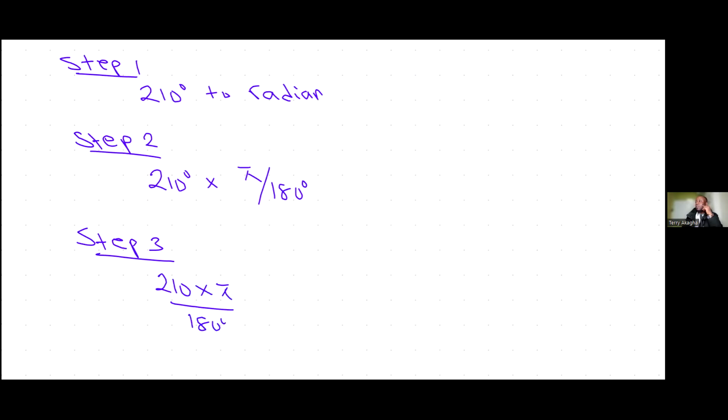It's the same thing as saying when you press your calculator, it's going to give you 7/6 pi radians. Or if you want it in decimals, it's going to give you 3.665.